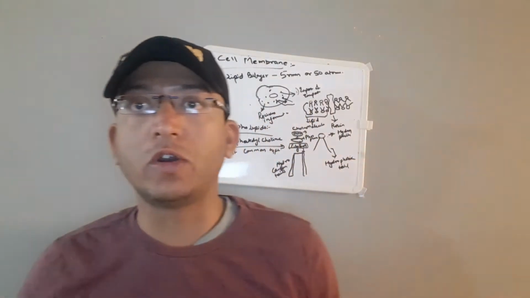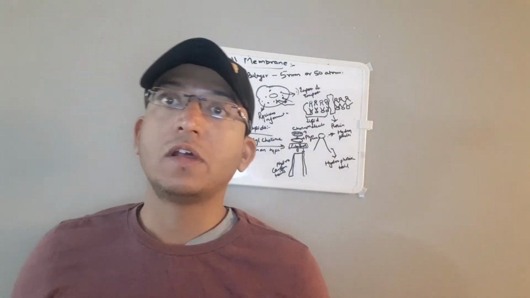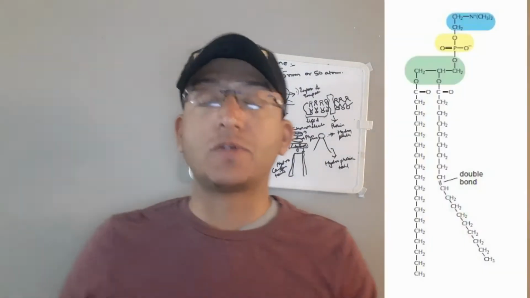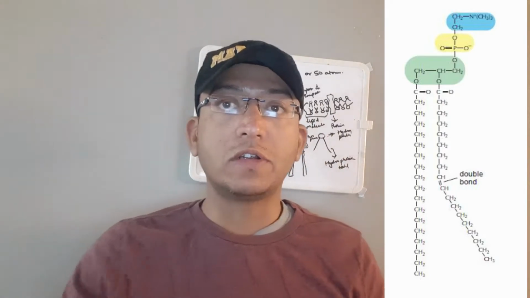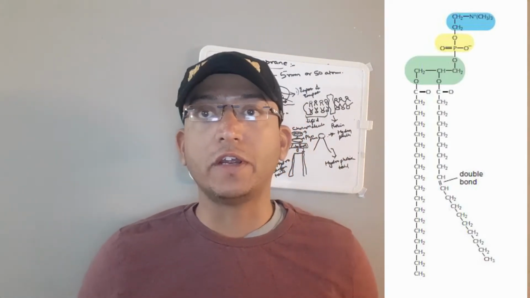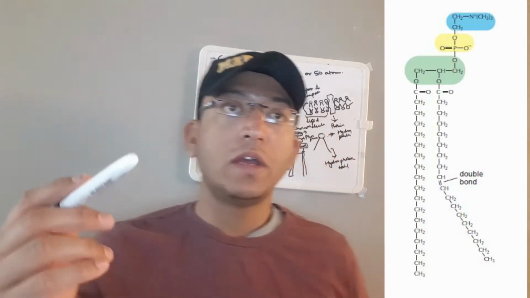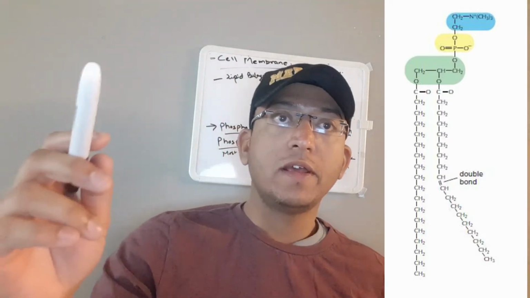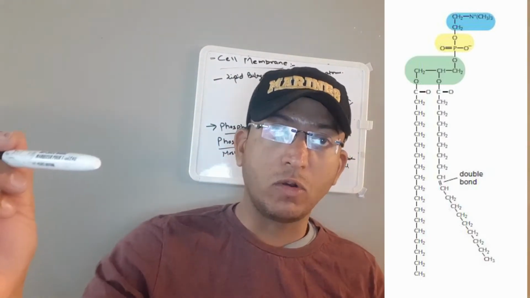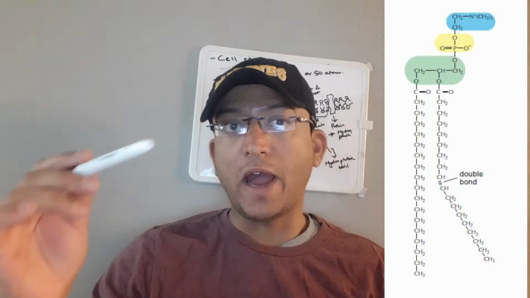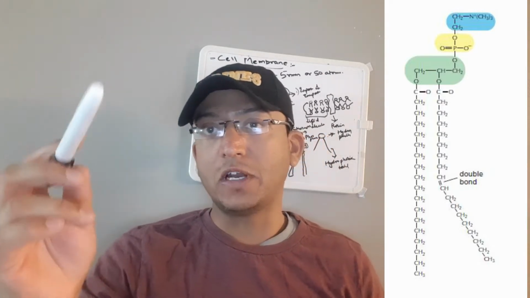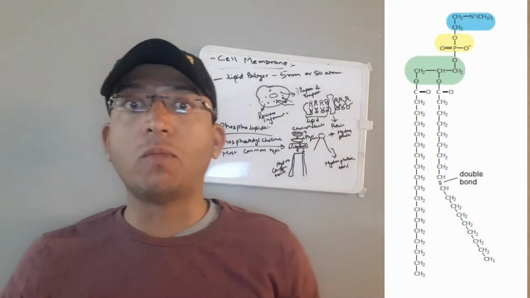If you want to see the chemical structure, I will post the picture here so you can see how it has the choline, then the phosphate and the glycerol group, and the hydrocarbon tails. Especially, the second tail has a double bond as well.